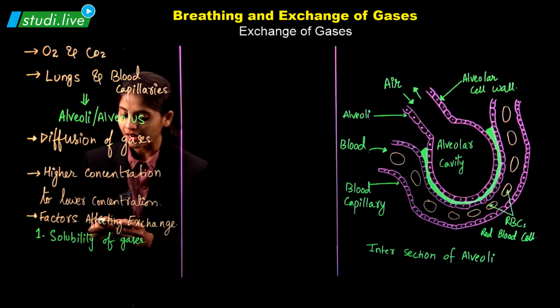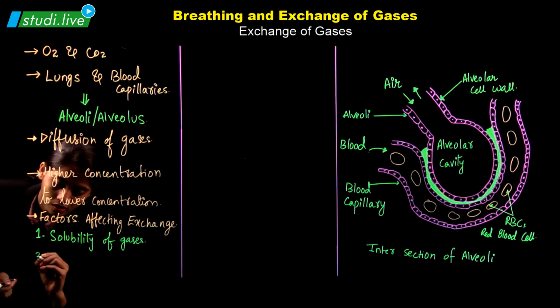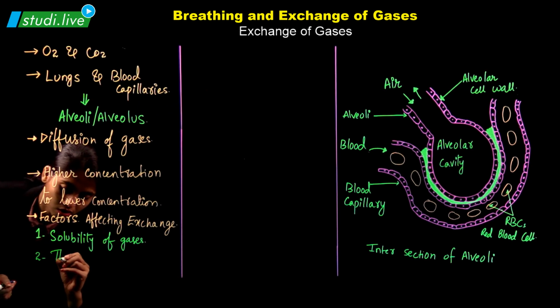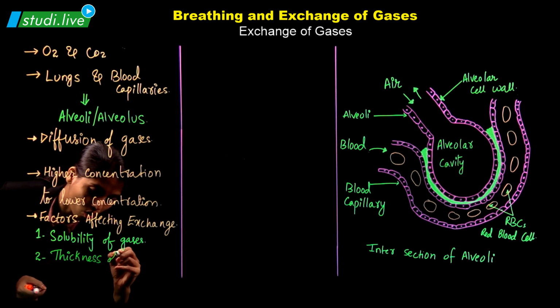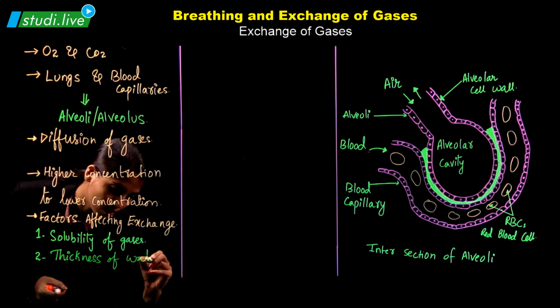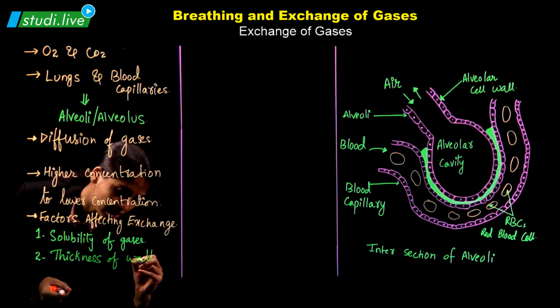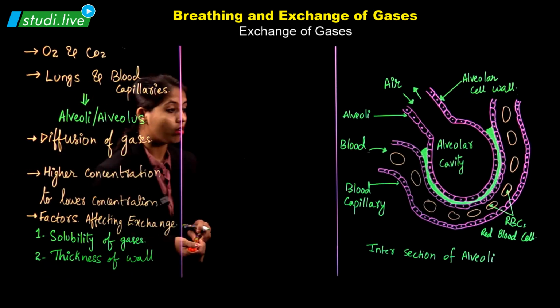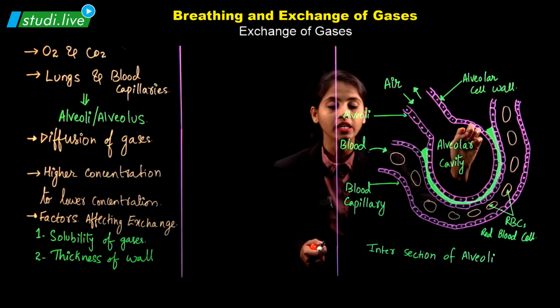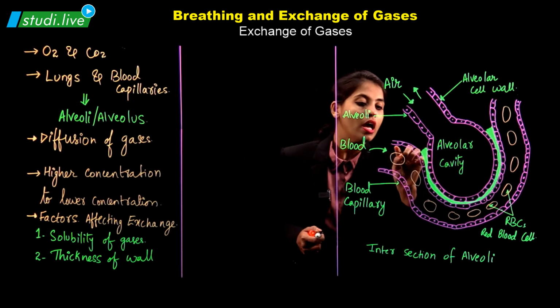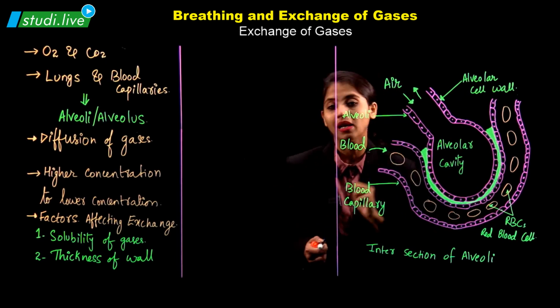Then the next factor which affects this is the thickness of the wall. Which wall am I talking about? Over here, as you can see, student, this is the wall of the alveoli, which is called the alveolar cell wall, and this is the wall of the blood capillaries.